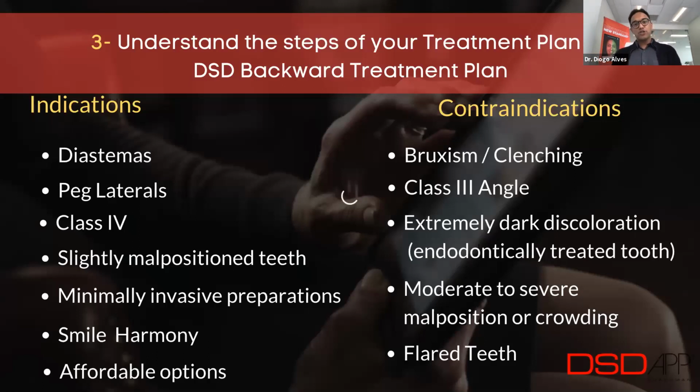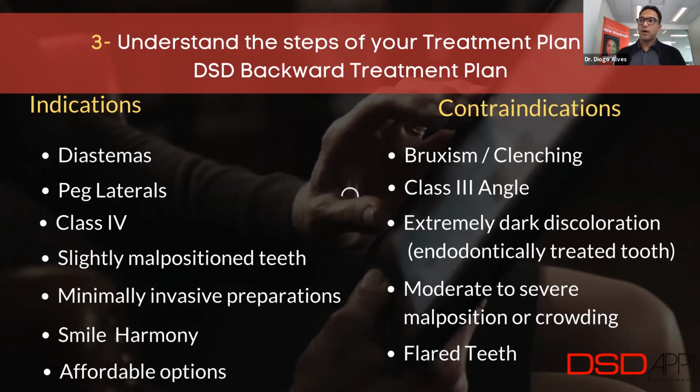Otherwise, you would first need to treat the patient and then start your composite veneers treatment. Because we know, once again, the composite is not as strong as porcelain. So we need to take that in consideration as well. Then we have the contraindications.